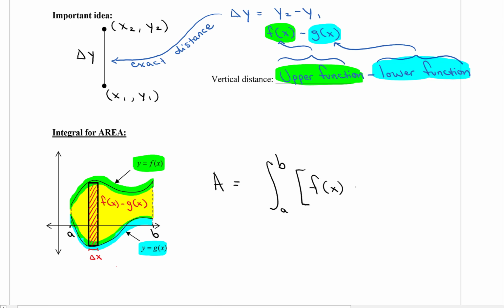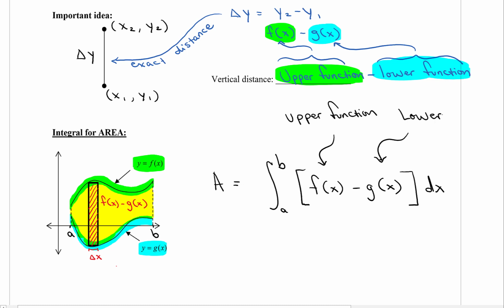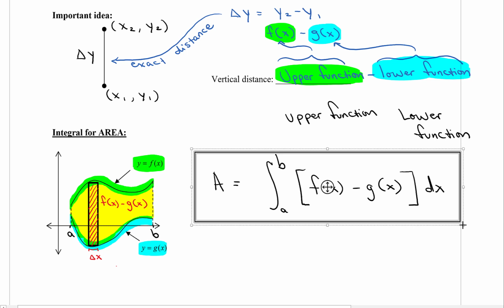So we would find that area, let's call it A, by writing A equals the definite integral from a to b of f of x minus g of x dx, where f of x represents my upper function, and g of x represents my lower function. And I've written the words upper function above f of x with an arrow pointing towards it, and I've written the words lower function above g of x with an arrow pointing towards it. I'm going to go ahead and box in that definite integral.